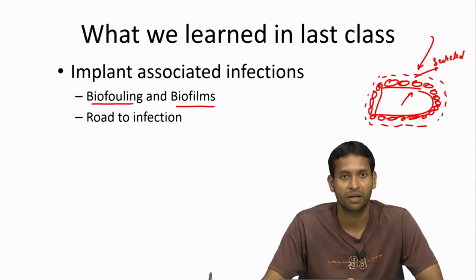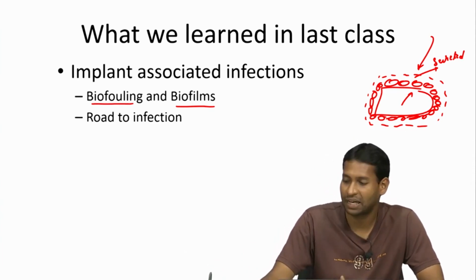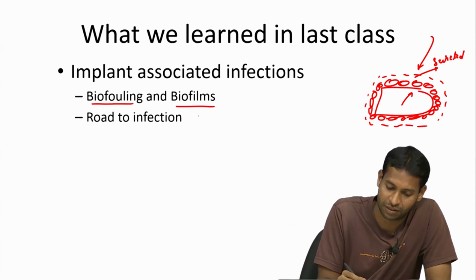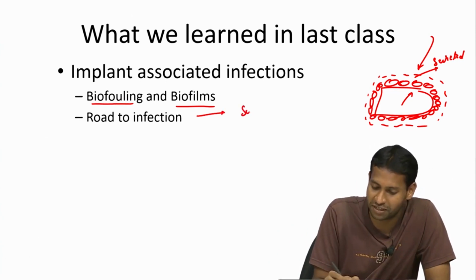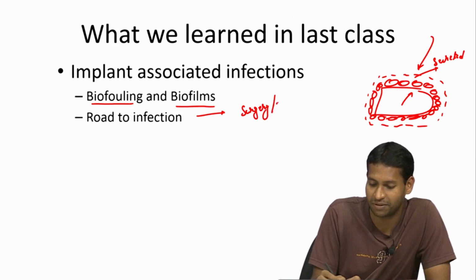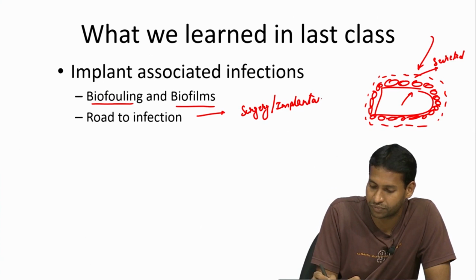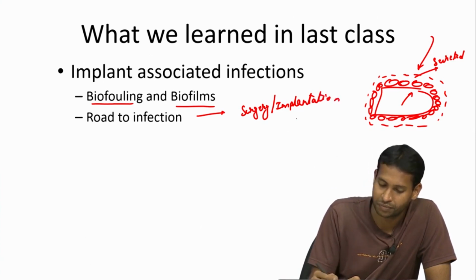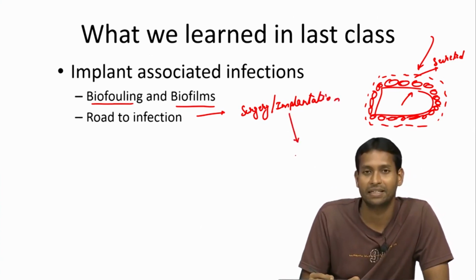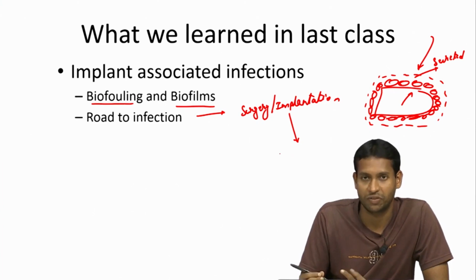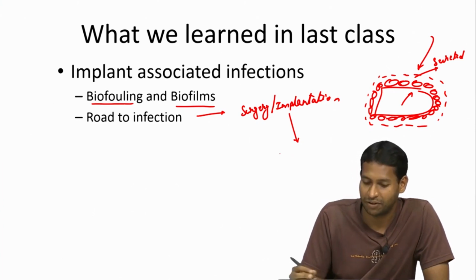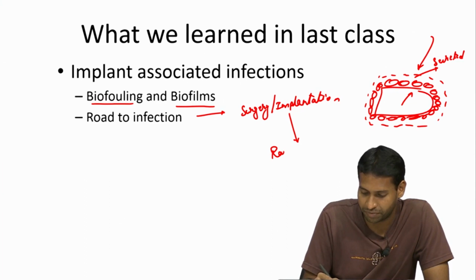The next thing we talked about was the road to infection. What typically happens? The first thing you do is do a surgery and implant your device. Once that is done, there is interaction with all kinds of body fluid, and now there is a race to the surface.